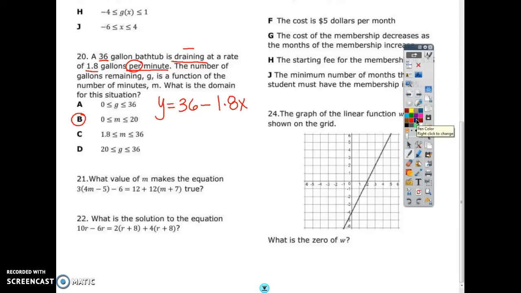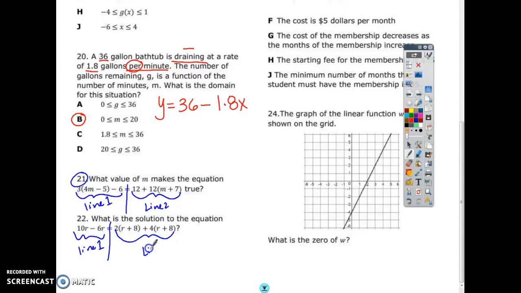Problem 21 and 22. Remember, you're going to put one side in line 1, and you're going to put the other side in line 2. Okay, make sure that you put X's, see where they cross. Same thing for 22. This goes in line 1, and this goes in line 2. What happens if they don't cross ever?